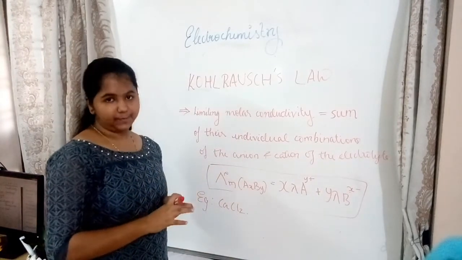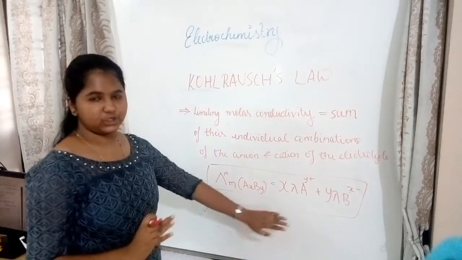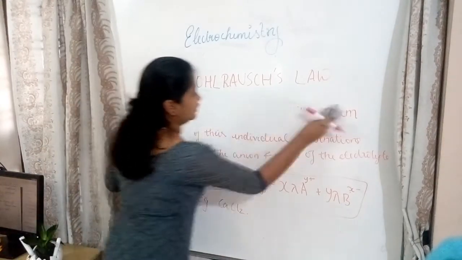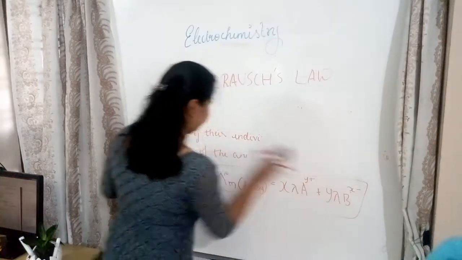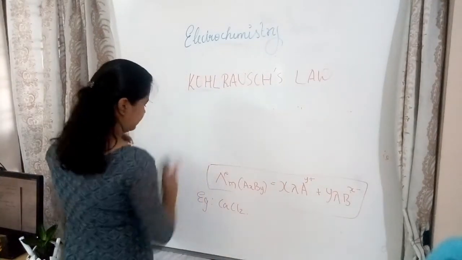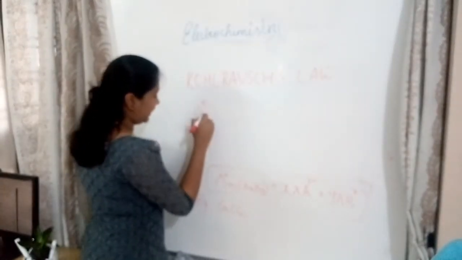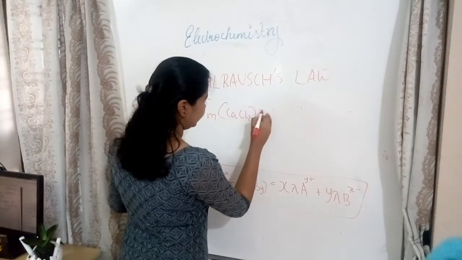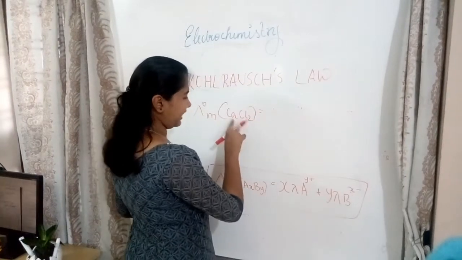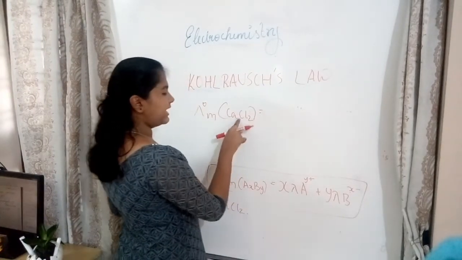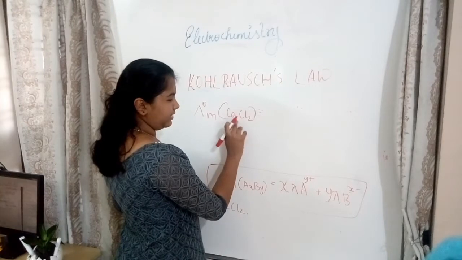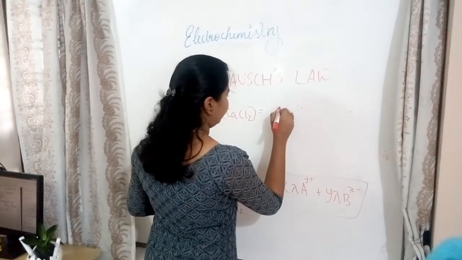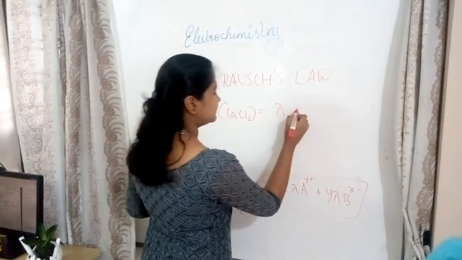So we will see an example of CaCl2 in the equation form. So let's write lambda 0 M of CaCl2 is equal to, first we write this. Before that, is there any number at the bottom? No. So you write it as lambda, this is Ca.